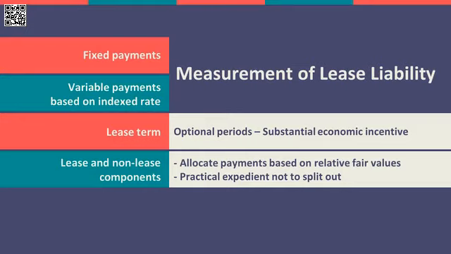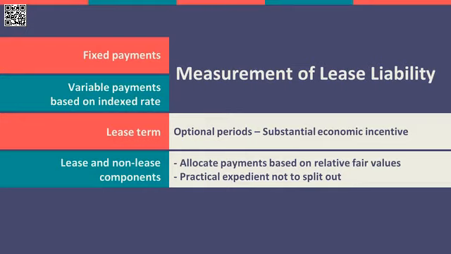So we really are only looking to split out non-lease components where the non-lease element is a substantial component. But again, it's a matter of professional judgment. I'll show you this with numbers in a second.